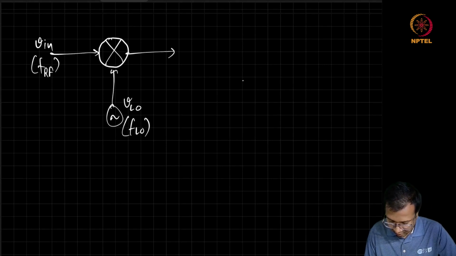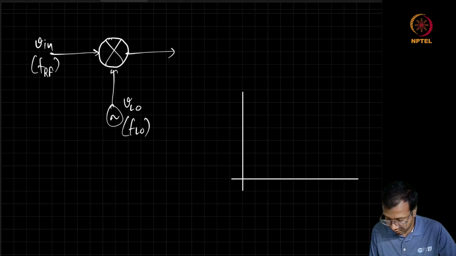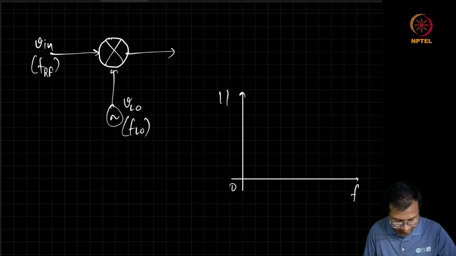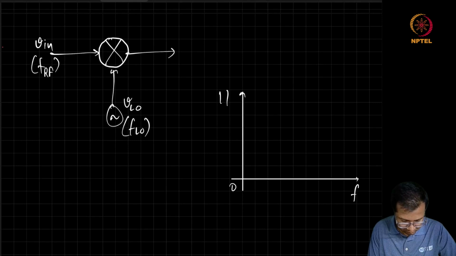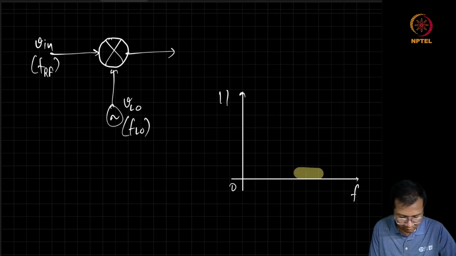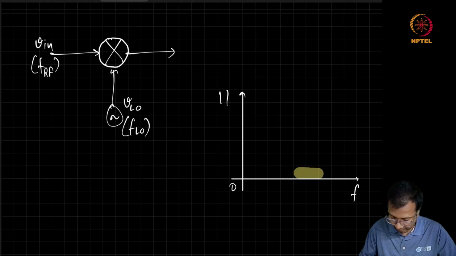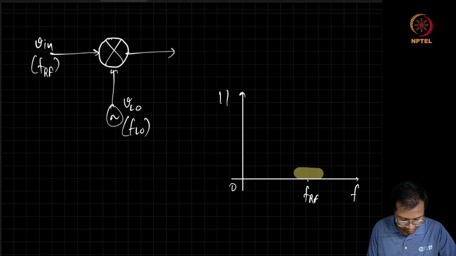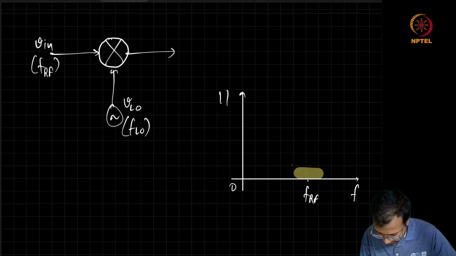So, let us look at the spectrum. We see the signal centered at frequency FRF. FLO lies somewhere here.